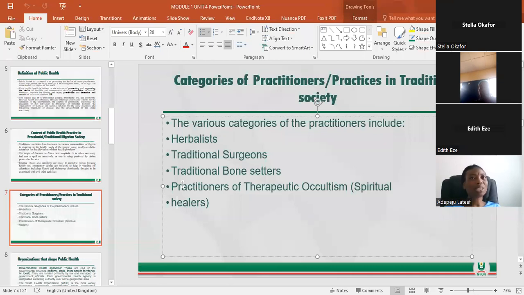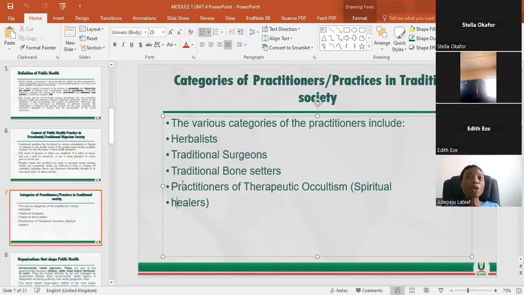And this ritual is always associated with the community religious worship. Yes, if a community is a believer in Ogun worship, or if a community is a believer in Shango worship, you can name it, and so on and so forth. So this ritual, this sacrifice tends to appease or appeal to the deity in that community.